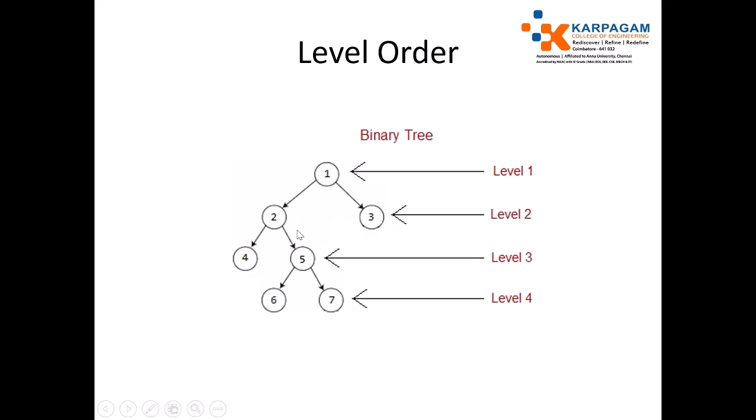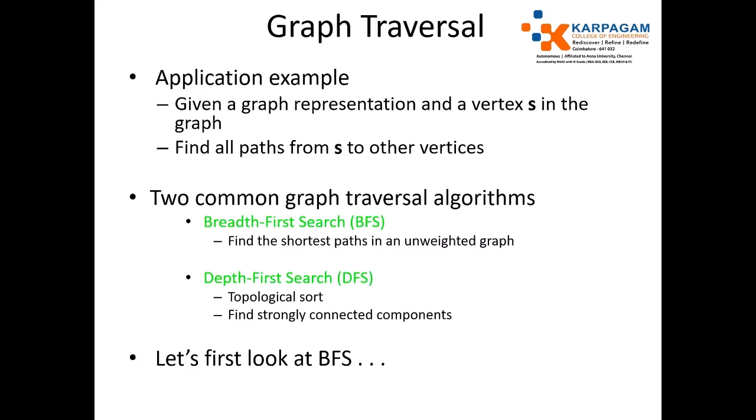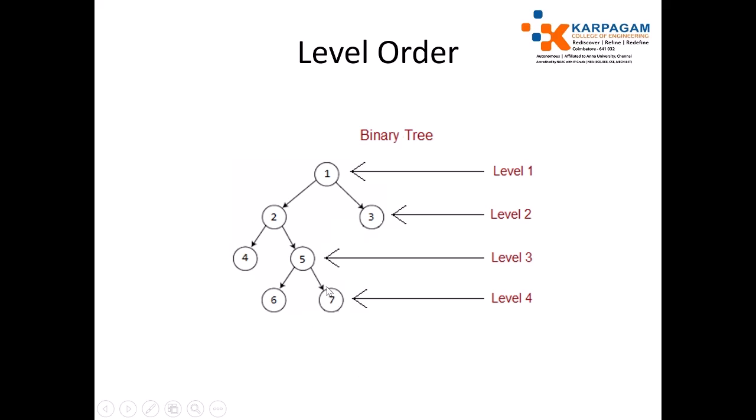This can be identified by using a recursive algorithm. The height of a tree is the maximum depth of a particular node. The maximum depth is at 6 and 7, which both have depth 3.